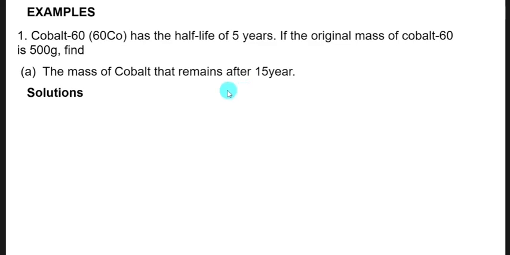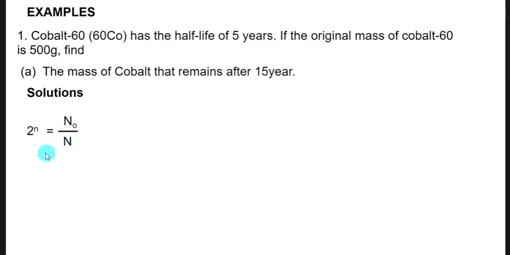We have been given half-life 5 years. Then we have been told original amount of cobalt 60 is 500 grams. Then they're asking us to find the mass of cobalt that remains. So now this means that we'll use this formula here. 2 to power n is equal to original amount over amount which remains.